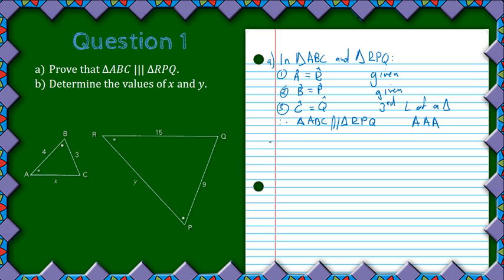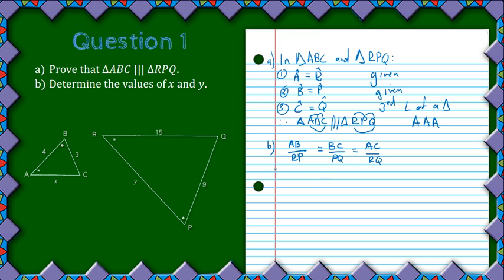Alright, now for B, we have to determine the values of X and Y. So over here we've got X and there we've got Y. The first thing we're going to do is write down our proportionalities. We have that AB over RP is equal to BC over PQ, which is equal to AC over RQ.